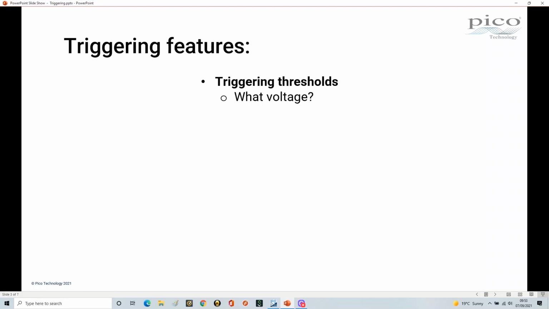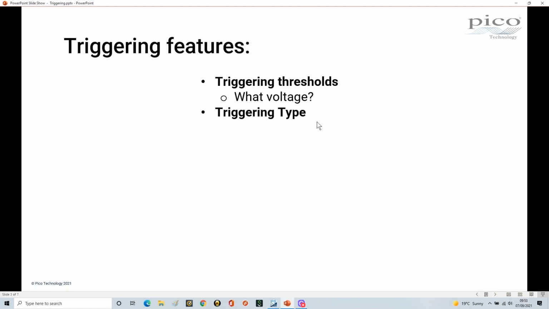I would rather you were taught about being in control of your test equipment so you can get it to do what you want it to do, not what an auto feature will try and do for you. So it's better to do everything from a place of knowledge. That's just to give you a rough idea of what threshold means, and we'll talk about that when we actually set up our experiments.